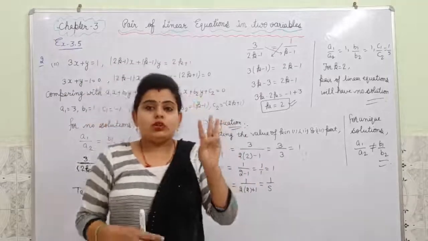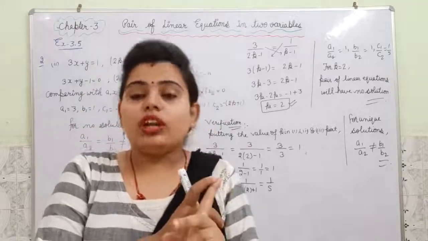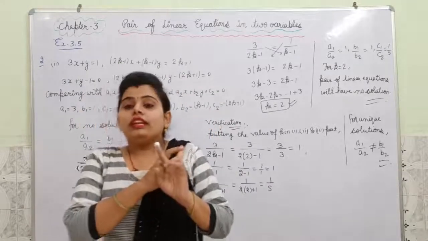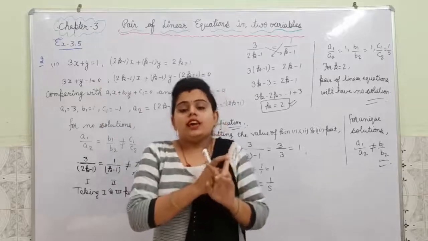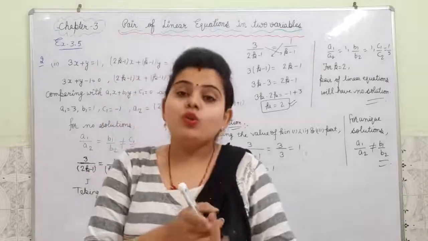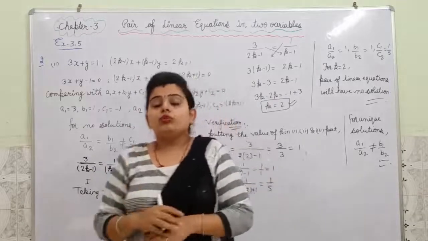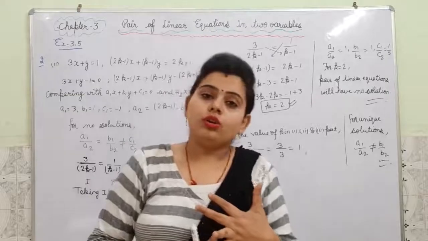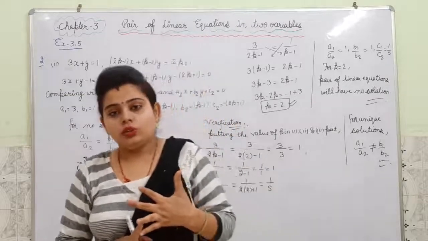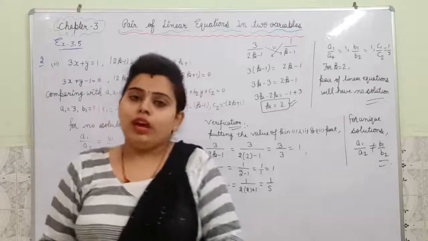These 3 points you have to remember, that for unique solution a1 by a2 not equal to b1 by b2. For infinitely many solutions a1 by a2 is equal to b1 by b2 is equal to c1 by c2, and for no solution a1 by a2 is equal to b1 by b2 not equal to c1 by c2. This is about question number 2 of exercise 3.5.